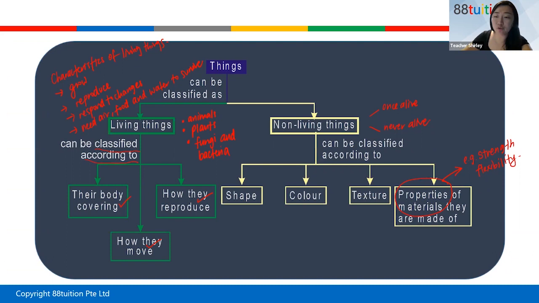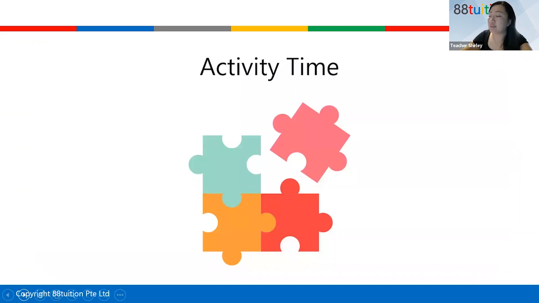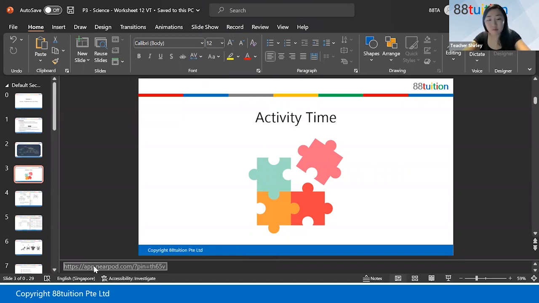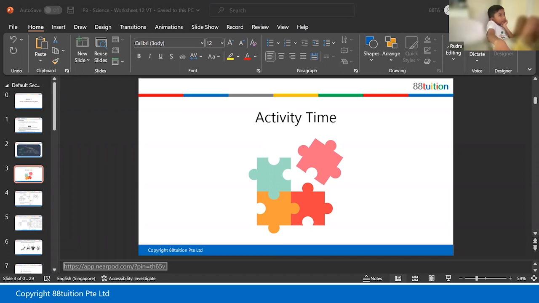I have a small activity for you. Have you all tried Nearpod before? No? Okay. So activity time. I'm going to send this link into the chat. Okay, let me see. Here. I'm going to send it into the chat and please click on it, and go into the link.